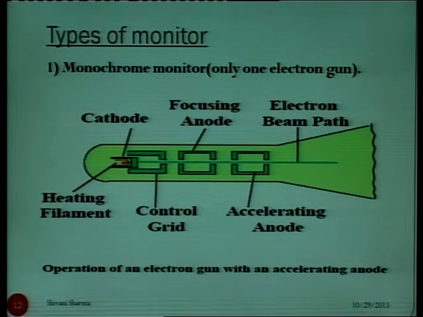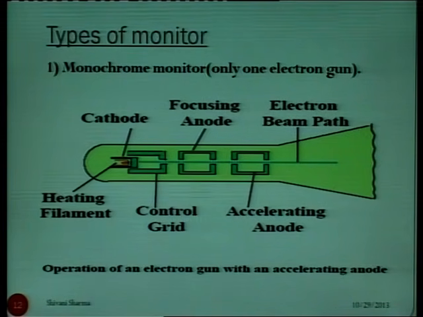So, now we will discuss the general basic types of monitors. First is the monochrome monitor. In the monochrome monitor only one electron gun is used. In the diagram we have a heating filament and cathode which represent one electron gun, and from this cathode electrons are emitted, and after focusing we have various anodes, a focusing anode and an accelerating anode.